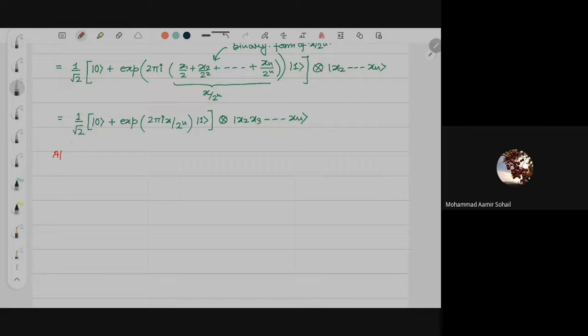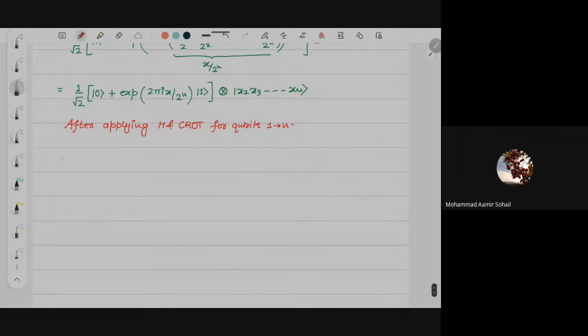So maybe after applying this Hadamard and control rotation for all qubits, for qubits 1 to n, we will get 1 over root 2, 0 plus exponential 2 pi i x by 2 raised to n, 1.